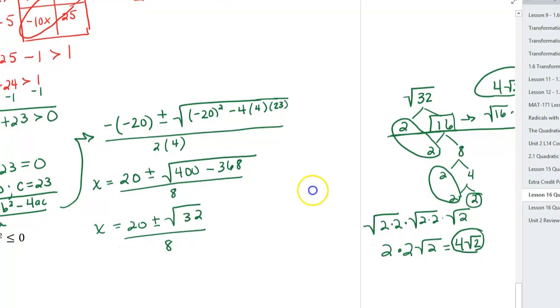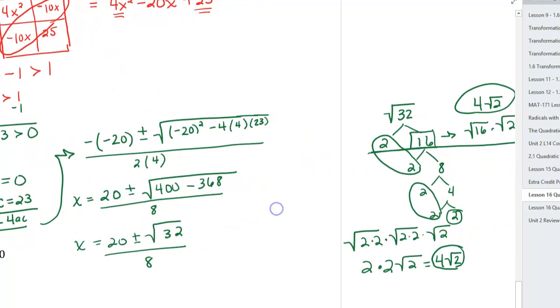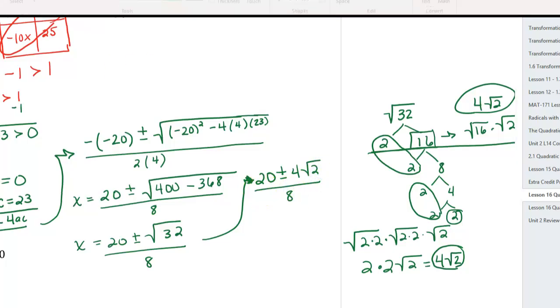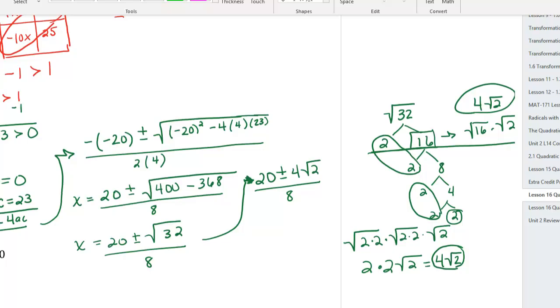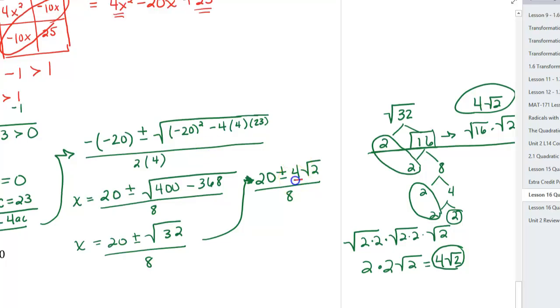All right, continuing on, that's going to give me 20 plus or minus 4 times the square root of 2 all over 8. And if I look in those 3 places, is there a number that will go into 4 and 8 and 20?